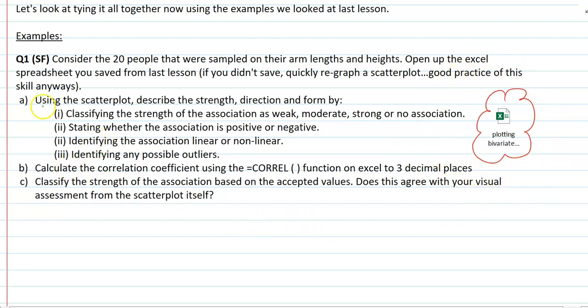What we're going to do with our scatter plot is visually describe the strength, direction, and form. Then we're just going to look at how to quickly calculate the correlation coefficient using that CORREL function, and lastly, classify the strength based on the accepted values. Does this agree with your visual assessment?